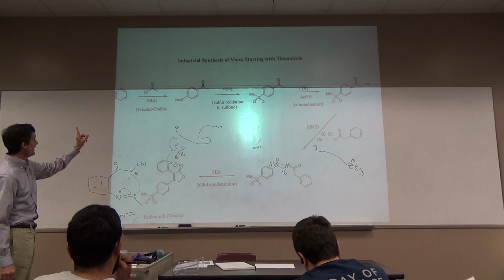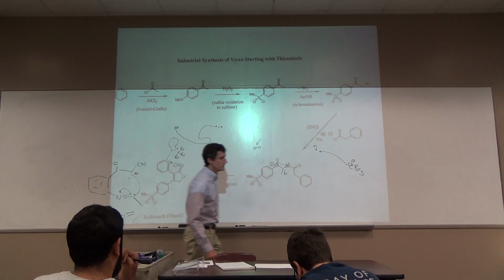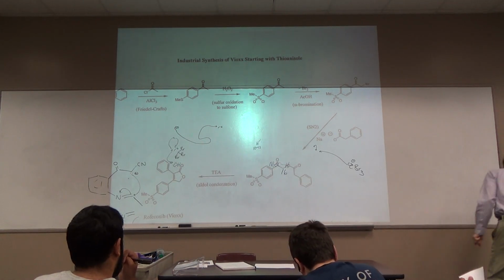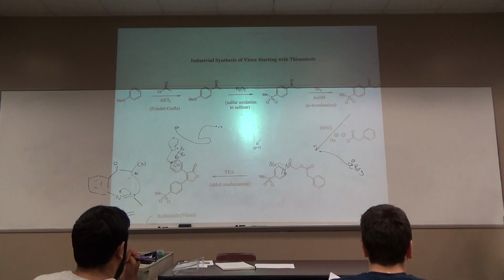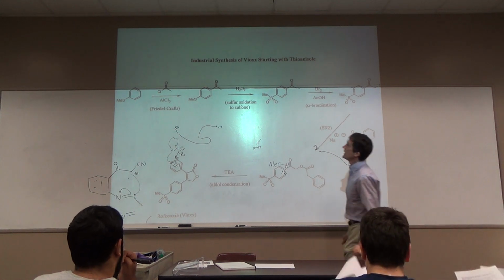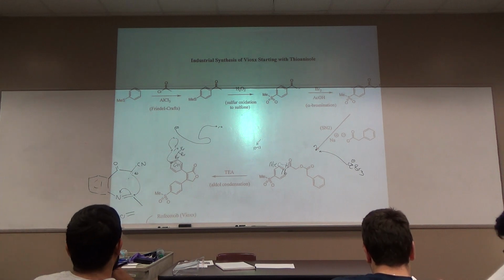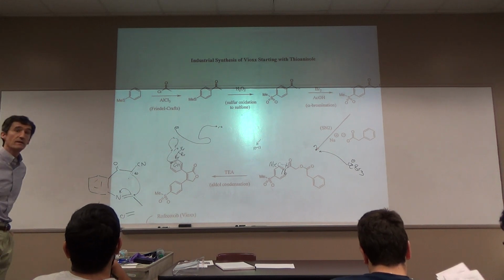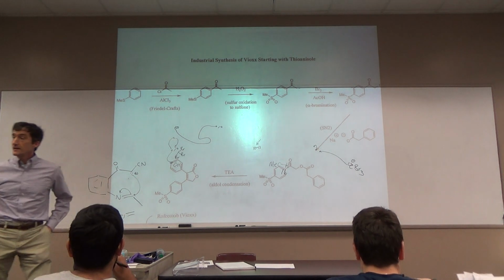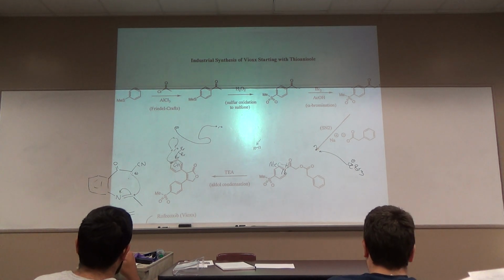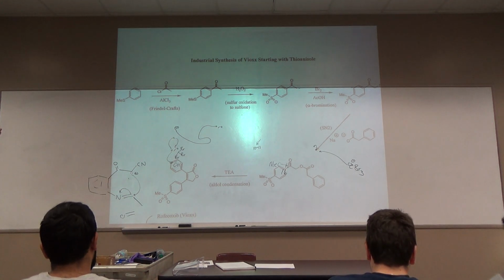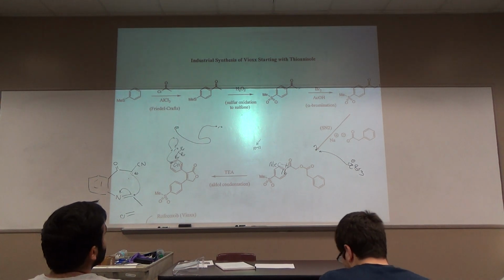Here's a synthesis of Vioxx starting with the sulfur compound, yeah? If that sulfur was an oxygen, that would be like an O-methyl coming off the benzene ring. What would be the name of that compound? Anisole. And the sulfur, we can call it thioanisole.